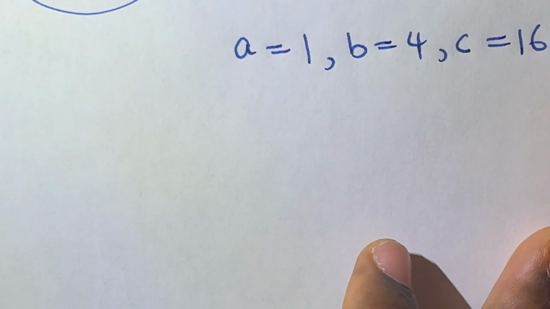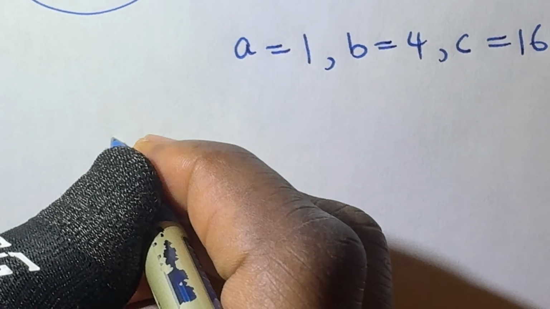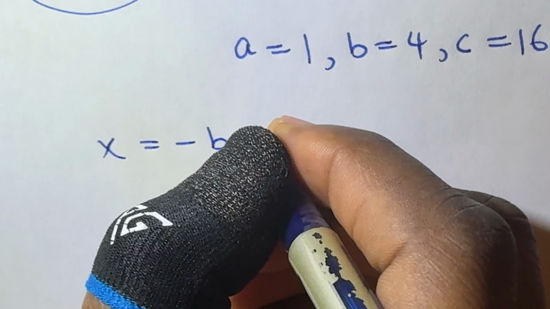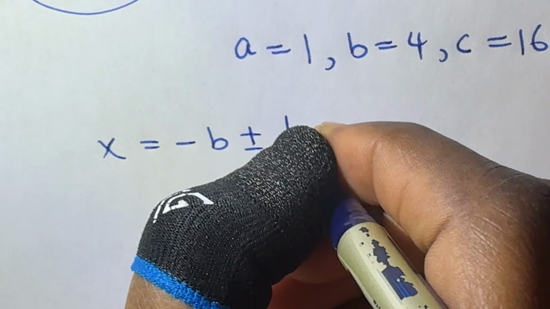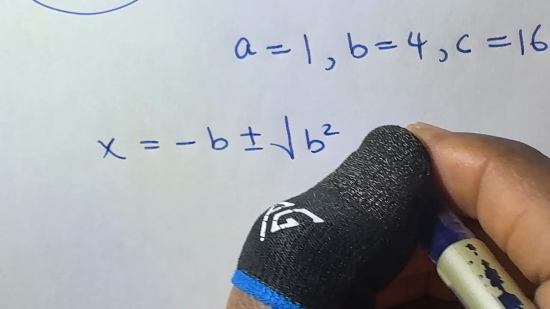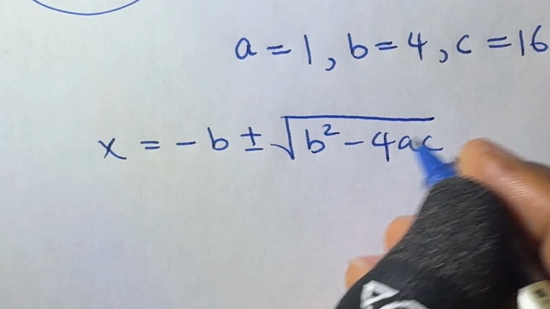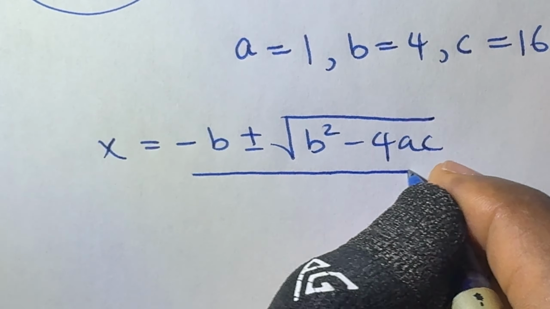Therefore, using the general quadratic formula, which is x is equal to minus b plus or minus the square root of b squared minus 4ac, all over 2a.